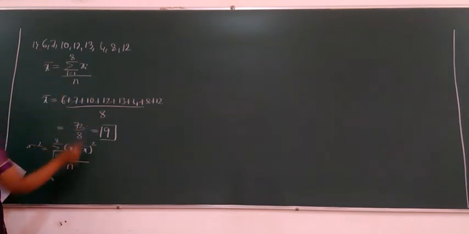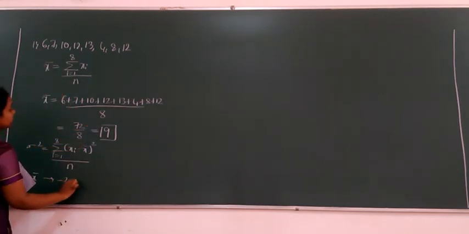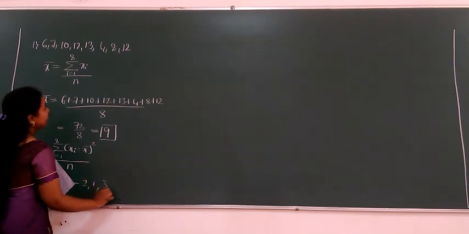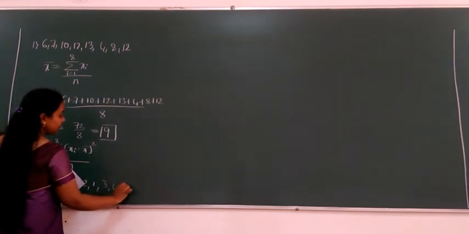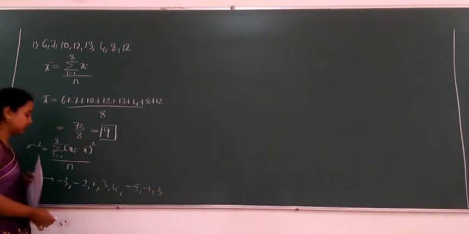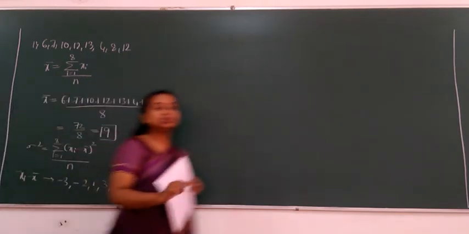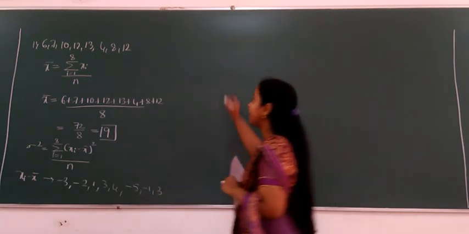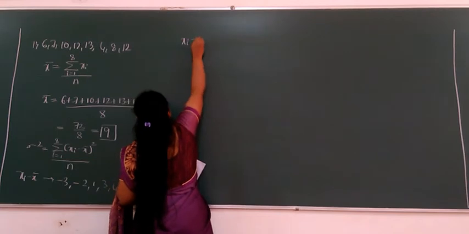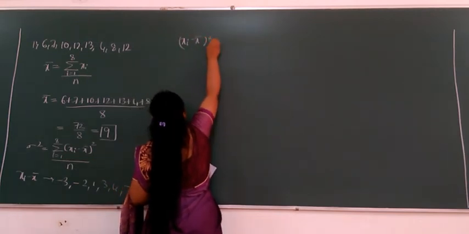So 6 minus 9 is minus 3, then minus 2, 1, 3, 4, minus 5, minus 1 and again 3. After this, what do you need? (xi minus x bar) whole square.